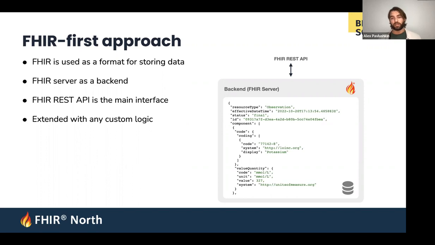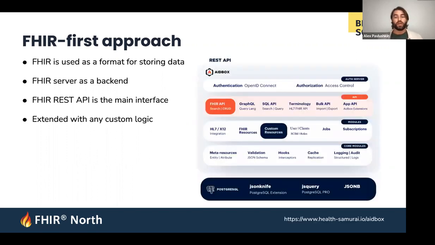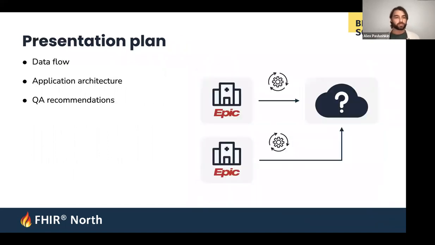This FHIR server can be extended with third-party applications and implement some custom logic. As a FHIR server, we use Aidbox. It's a great solution that provides out of the box a lot of useful features to build medical applications, like user management, access policy, and many other features that can help us build medical applications very fast.